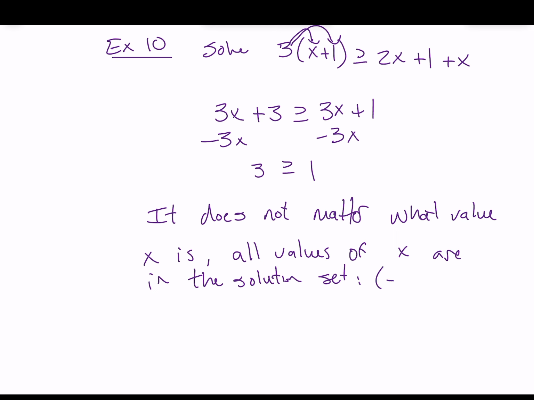So in interval notation, that would be negative infinity to positive infinity, or in set builder notation, it's the set of all x such that x is a real number.